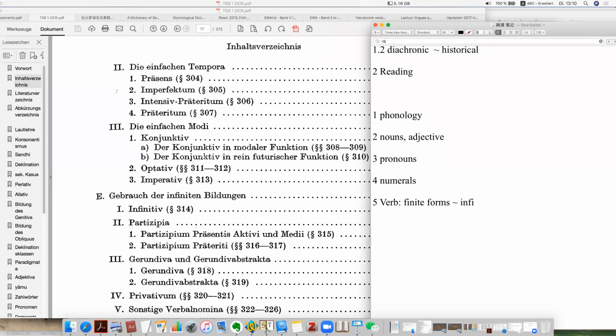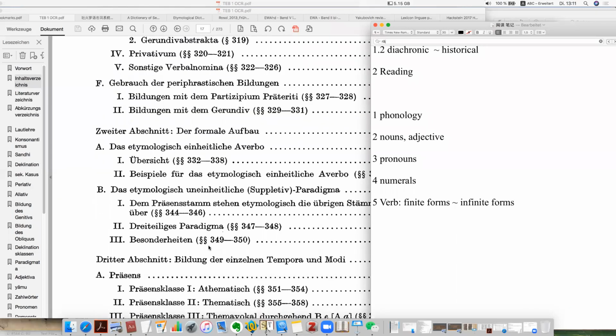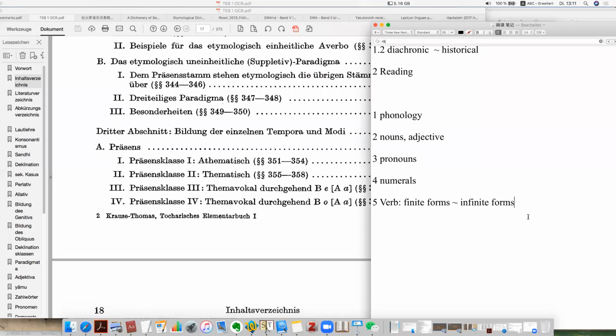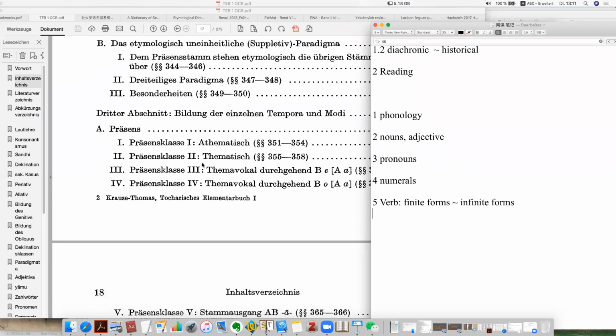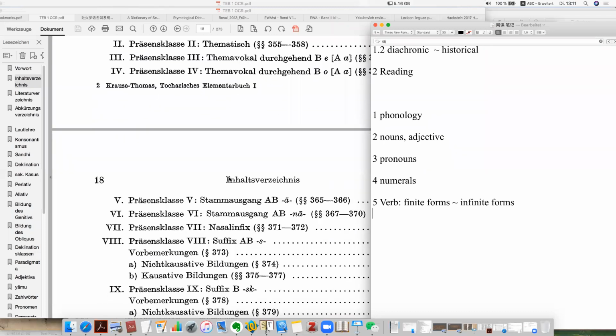And then you have infinite forms, like the infinitive or participle, which have no person but have number. We will talk about it in detail, so don't worry. Now it's just a very brief overview of the structure of the textbook.